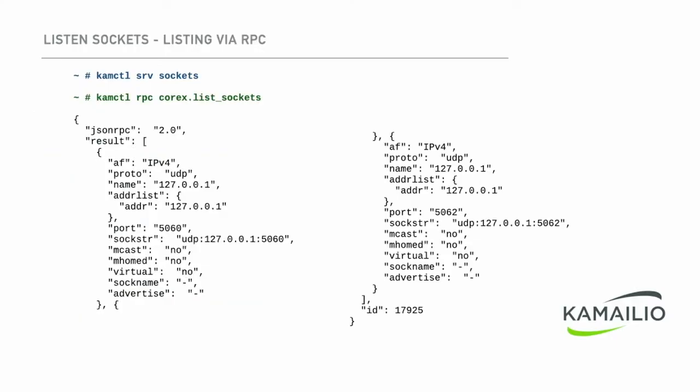Listing the sockets: sometimes you have a listen only without a port and you don't know which ports are selected, or you don't have any listen. To actually see what Kamailio is listening on at that time, you can use an RPC command and you will get JSON output.